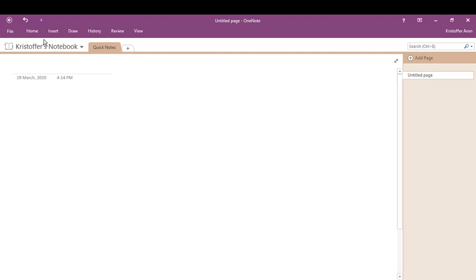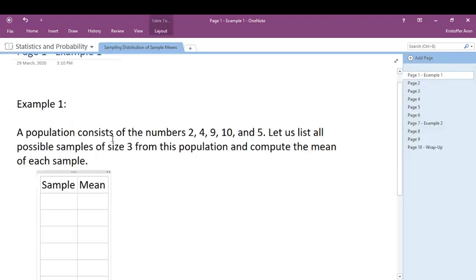Now, let's take this example. Example number 1: a population consists of the numbers 2, 4, 9, 10, and 5. Let us list all possible samples of size 3 from this population and compute the mean of each sample.